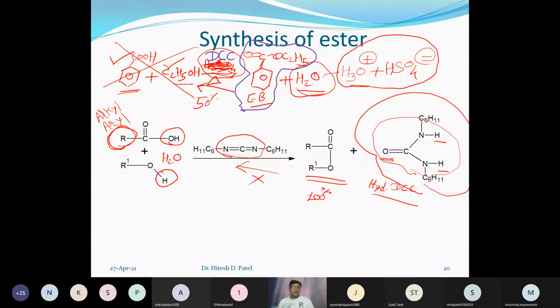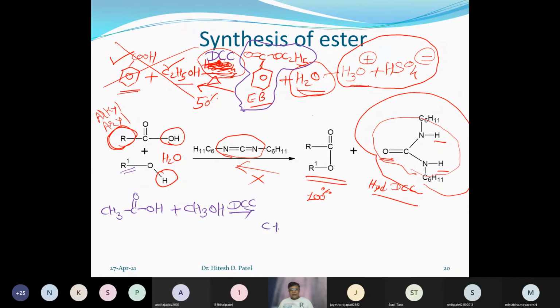Now instead of that R, you can take, suppose, acetic acid, CH3 C double bond OH, and instead of this R1 you can take CH3, so CH3OH. By addition of DCC, what will we get?